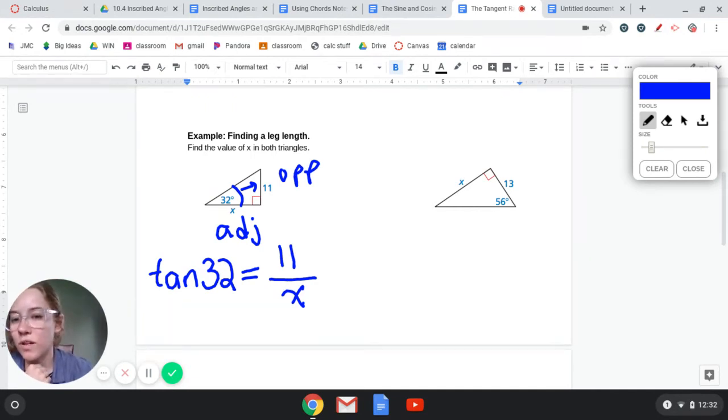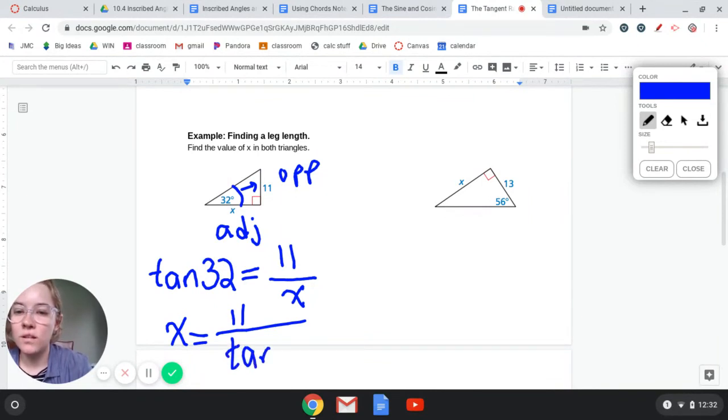Multiply both sides by x, and then divide both sides by tangent of 32 to get x equals 11 divided by tangent of 32. And I should be writing degrees here. Degrees.